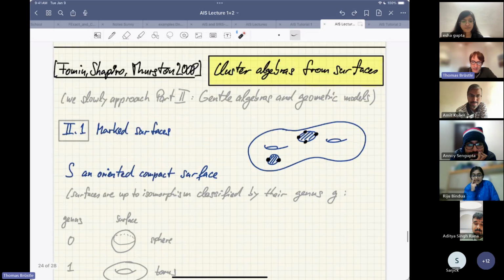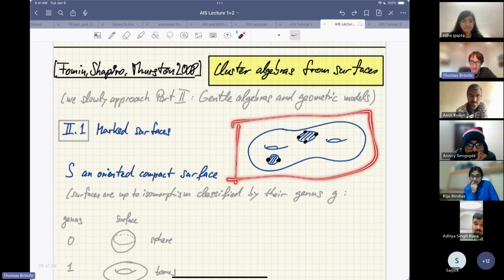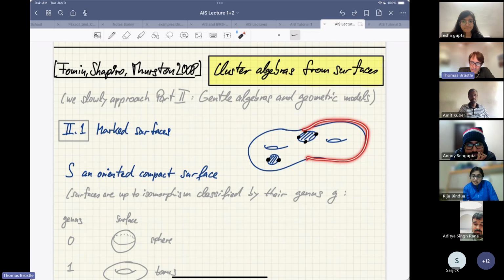I gave you some picture here. This is a surface of genus 2. And you see, I do more things. I will cut out certain disks here, and then I will decorate the boundaries that I create by some points. That's what will be called a marked surface. Okay, so let's do this slowly.